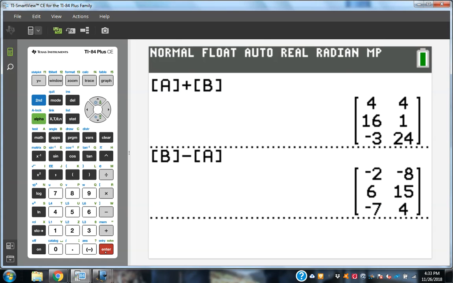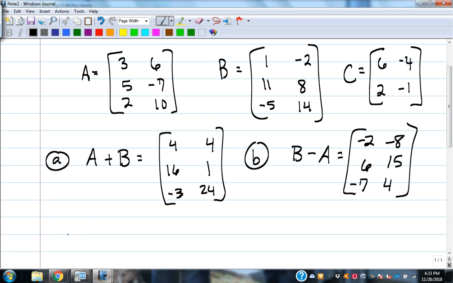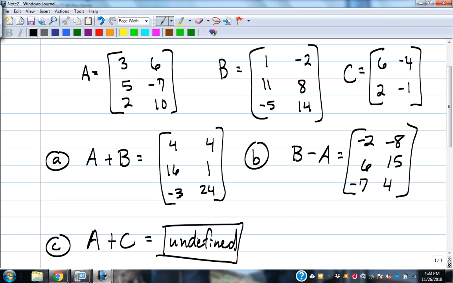Very easy to do. Now, what if they gave you this problem and said A plus C? Can that be done? Why not? They don't have the same rows and columns. So that's what you say there, it's an undefined operation, because the rows and columns don't match up.